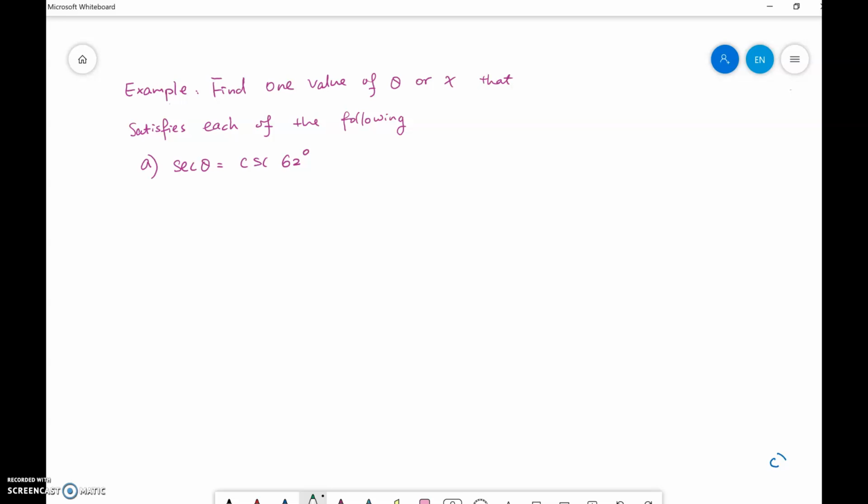This is part of the cofunction relations between cosecant and secant. So using the cofunction identity, I know that theta plus 62 degrees will equal 90 degrees. And then theta is going to equal 90 minus 62, which is 28 degrees.